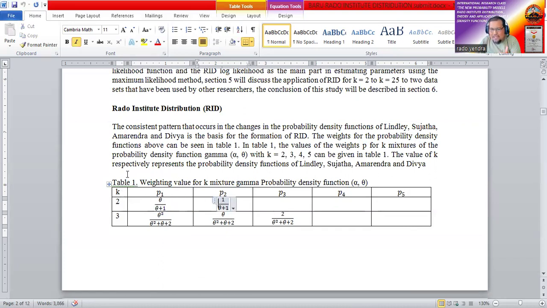For example, for the Lindley distribution, or the two-mixture gamma, if we sum P1 plus P2, theta divided by theta plus 1 plus 1 divided by theta plus 1, of course it equals 1. And for the Sujata, if we sum P1, P2, and P3, it equals 1.